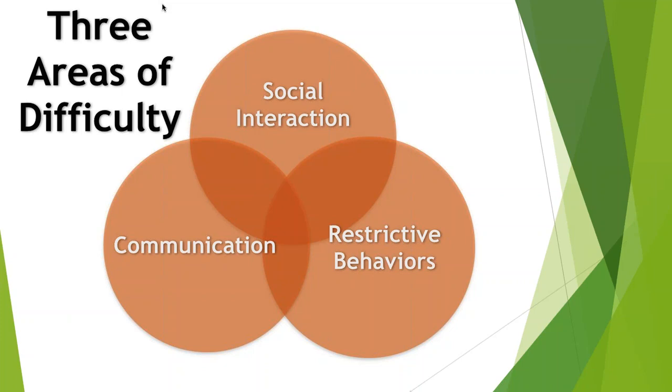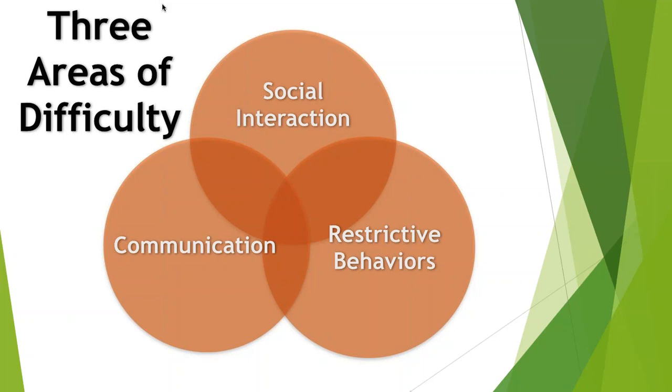When we look at diagnosis, we look at really three areas. We look at the ability to interact socially, to greet and have conversations. Those skills are usually difficult for people who have autism spectrum disorder, or ASD.